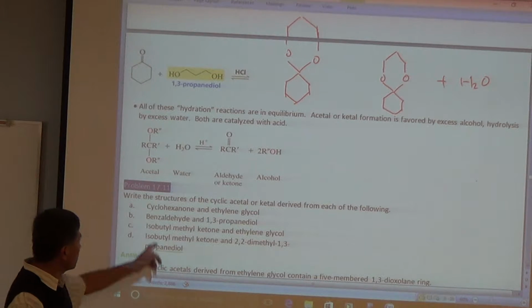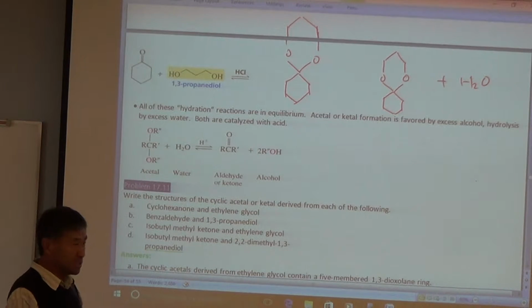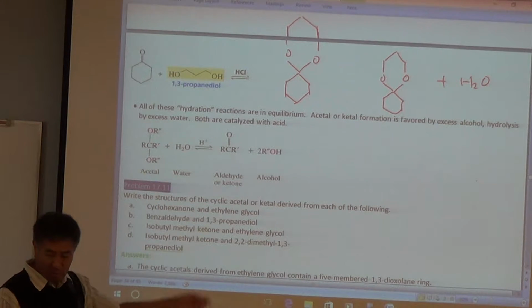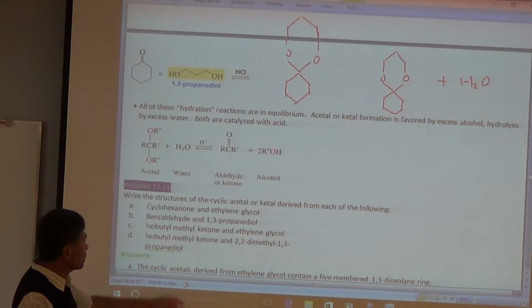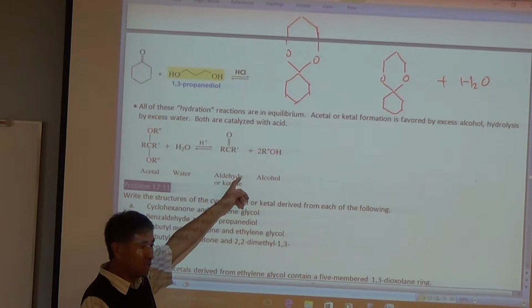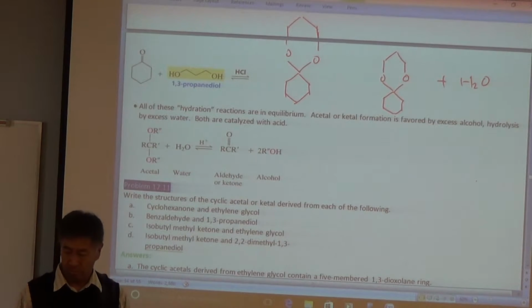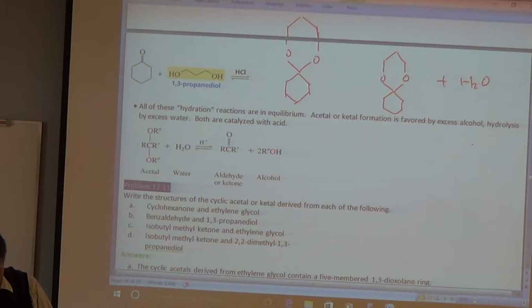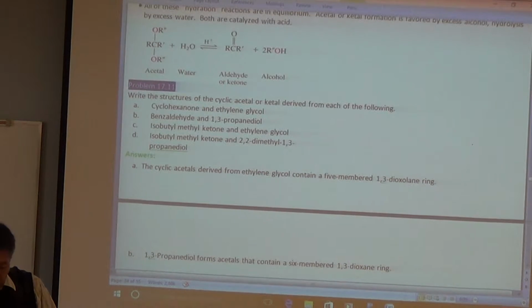I had one example. We have this generic acetal, and we were adding water with acid, and you can see this change back into the aldehyde and alcohol. Okay, now you can study the mechanism.